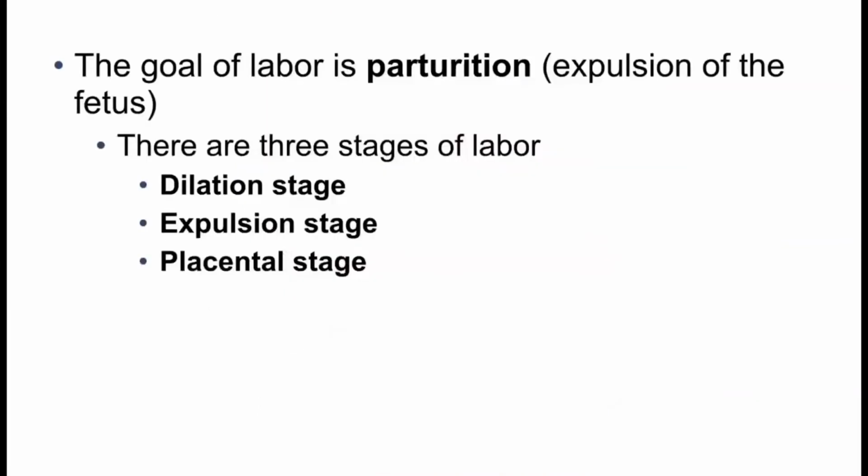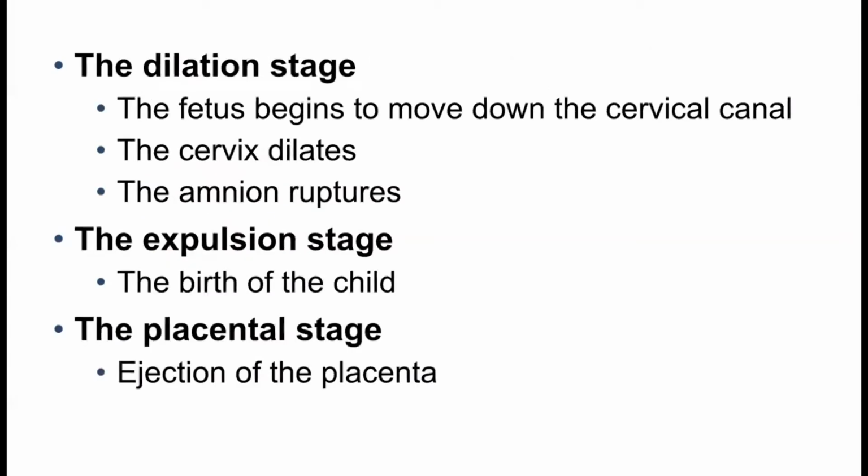Okay. The goal of labor is parturition, which is birth. When you separate the baby from the mother, there are 3 stages of labor: dilation, expulsion when the baby comes out, and a placental stage where the placenta comes out. In the dilation stage, the fetus moves down the cervical canal, the cervix starts to dilate, and the amnion ruptures, so basically the water breaks.